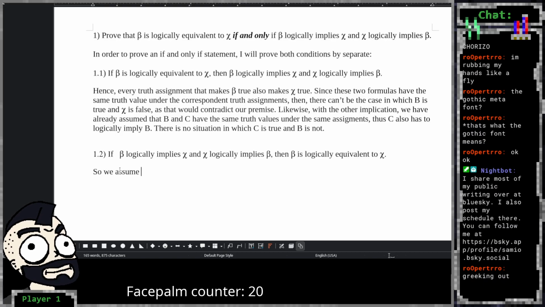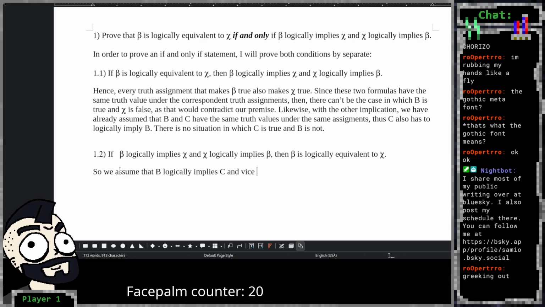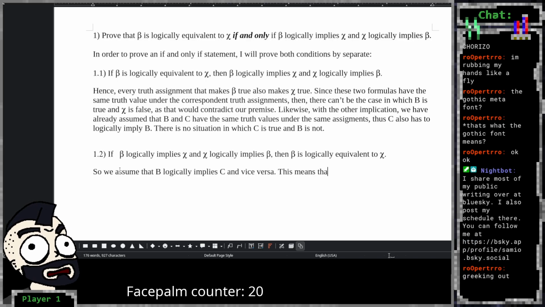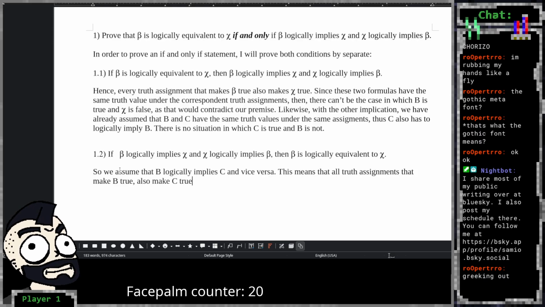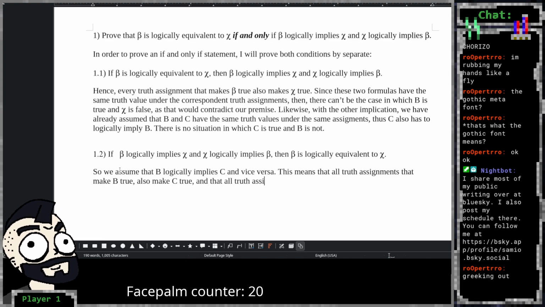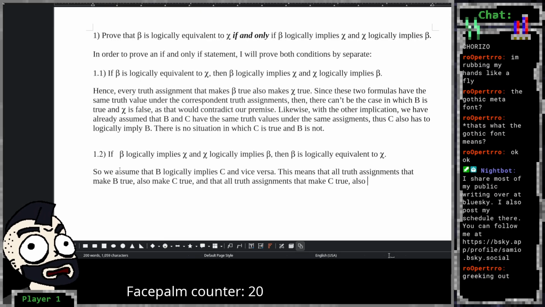So we assume that beta logically implies chi and vice versa. This means that truth assignments that make beta true also make chi true, and that all truth assignments that make chi true also make beta true.